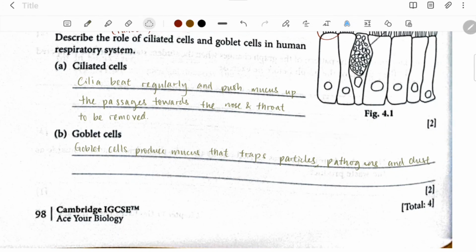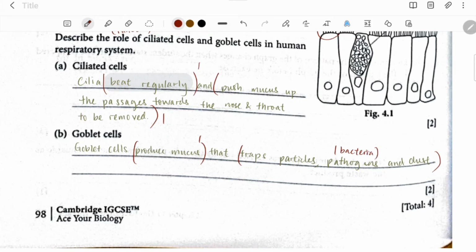So 2 marks. The first mark here should be beat regularly. The second mark is the whole thing. And then for goblet cells, produce mucus. And then this mucus, what do they do? They trap particles, pathogens or bacteria, and dust.